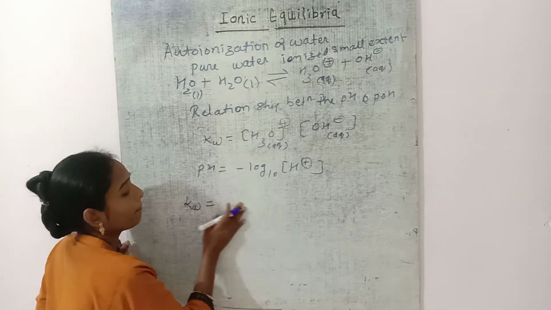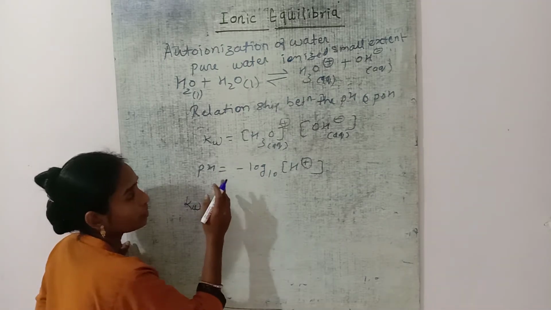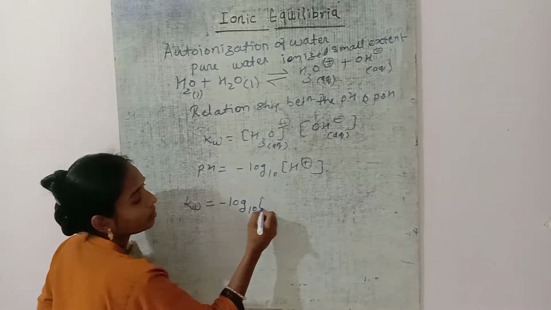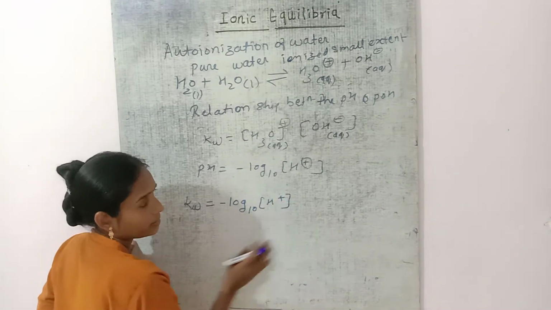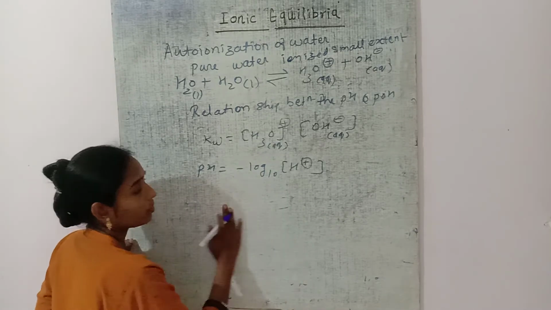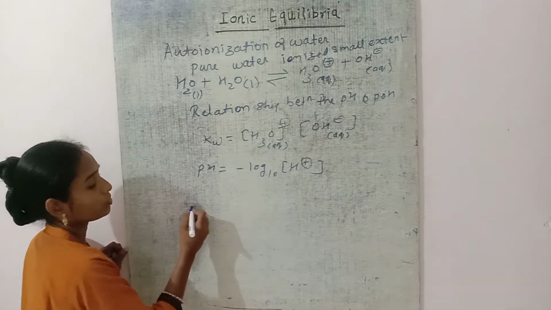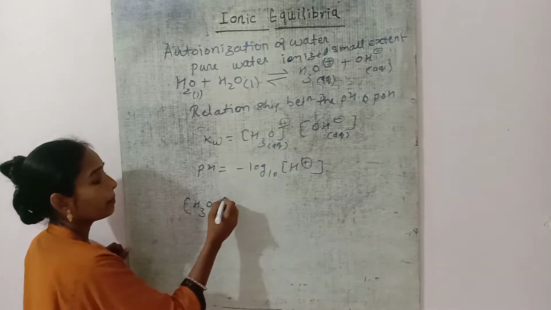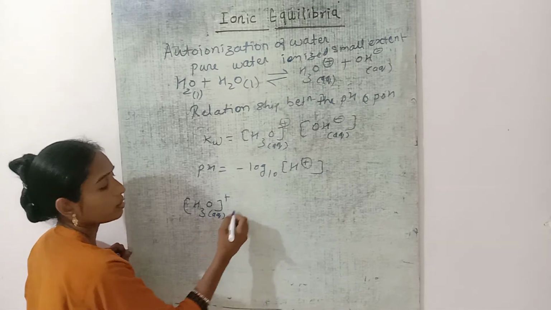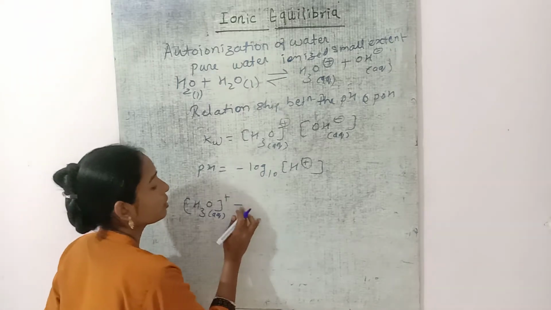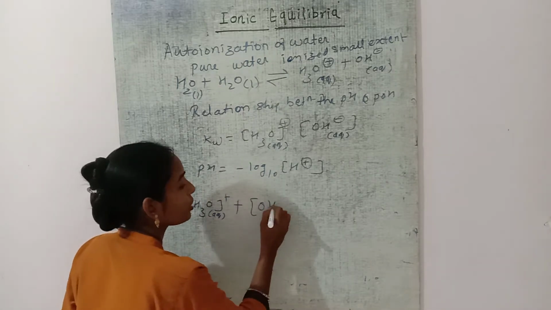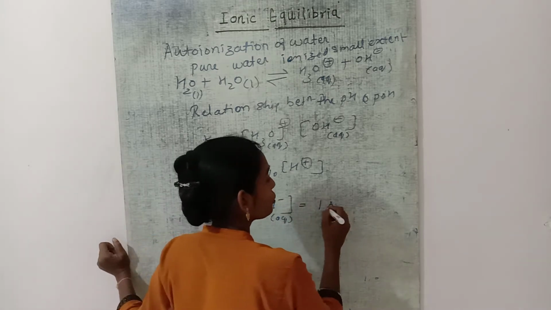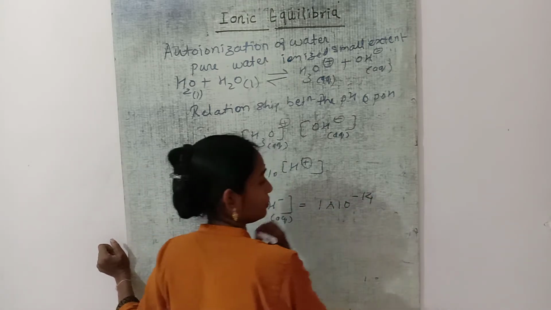The value of H3O plus is minus log base 10 of H plus ions. So take H3O plus aqueous times OH negative ions aqueous, which is equal to 1 into 10 raised to power minus 14.